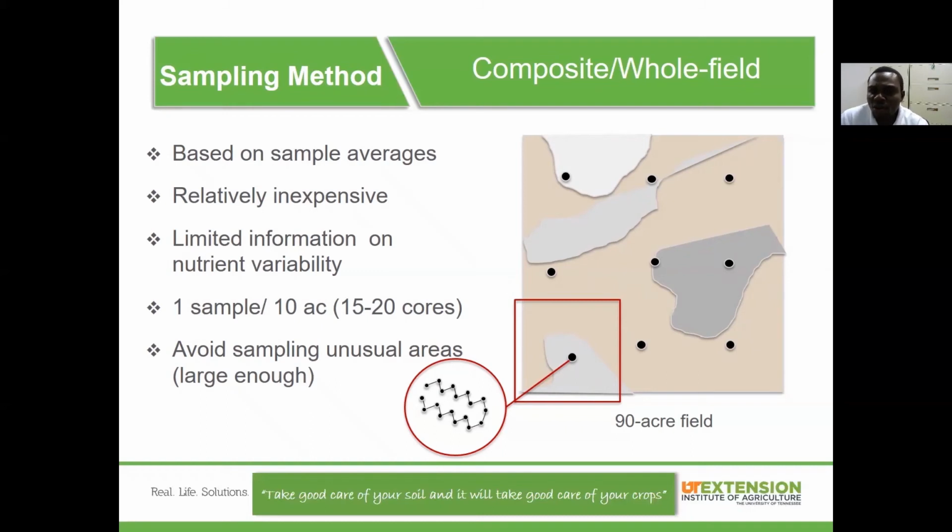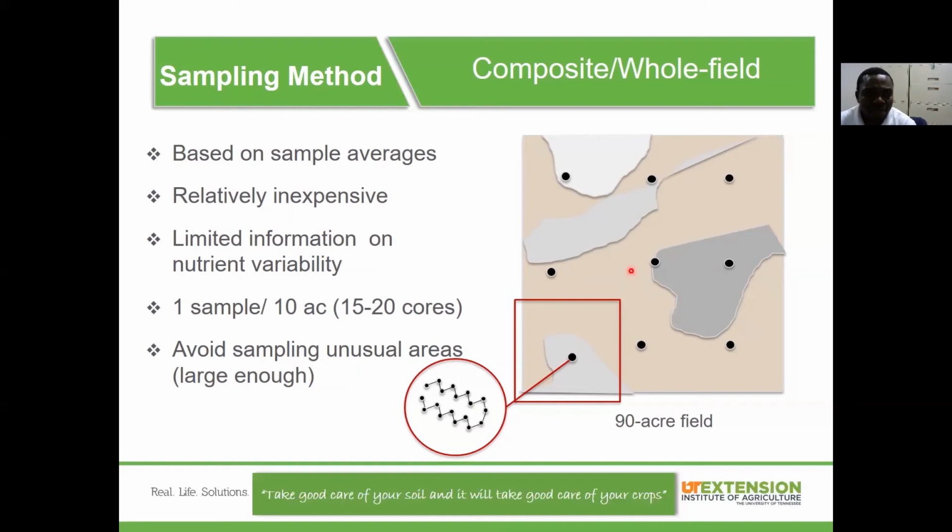It would show up in the soil test results, so you want to avoid that. Also, you want to avoid rows where fertilizer has been abandoned, and you also want to stay away from low spots in the field. However, if these fields are large enough, then you might want to sample these areas separately.